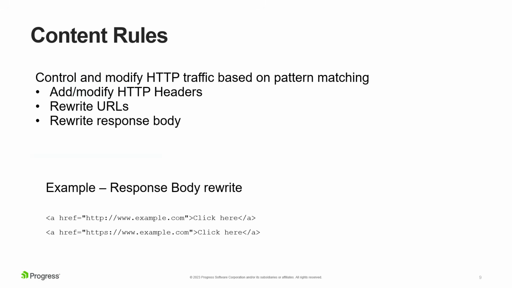If you put that through a load balancer, you get HTTP out the front, it doesn't connect, and it fails. So you can rewrite that so your HTTP becomes HTTPS. There are a lot of other potential use cases too.